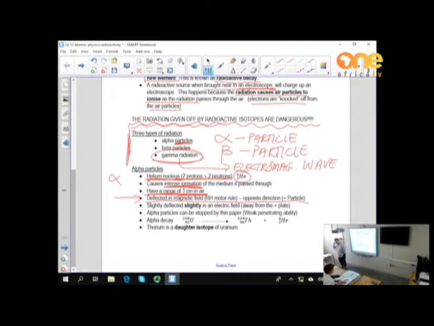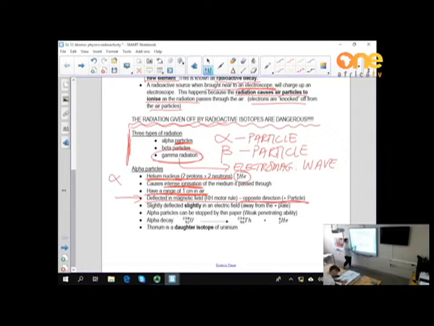It's going to be deflected opposite to the direction that a negative particle would be. You can either think of it that way, or you must use the left-hand motor rule to tell you in which direction a positive particle will go. Remember, conventional current goes from positive through the circuit to negative, so it's actually a positive particle that is moving. Do you follow me? Okay.